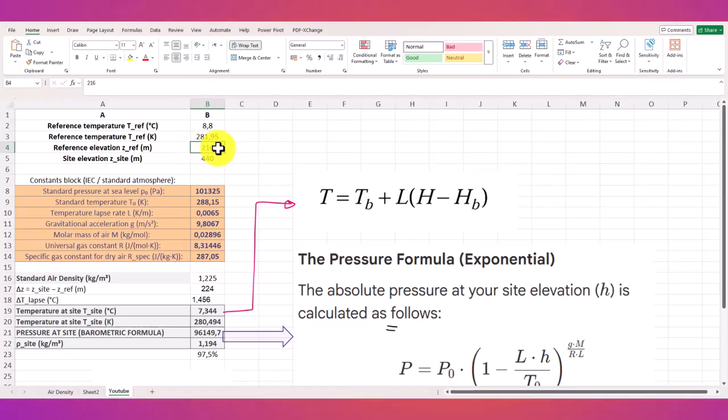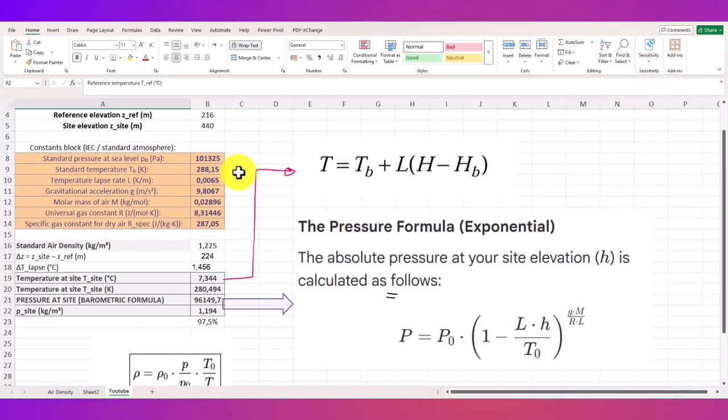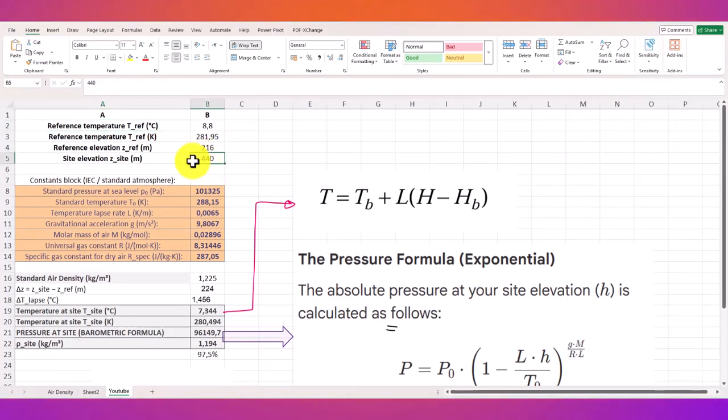Now I would like to adjust this temperature based on the given elevation, which is 440 meters. So I have used this equation to adjust my temperature at the site. So the temperature at the site would be 7.344 degrees Celsius.